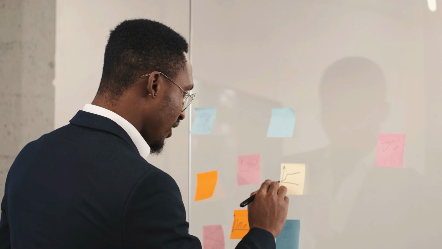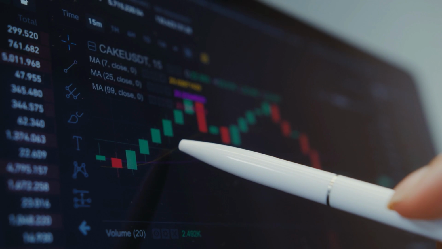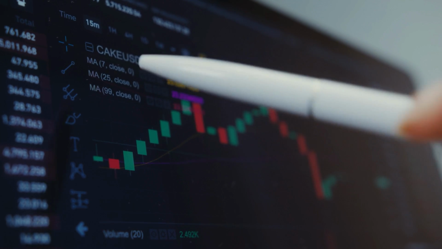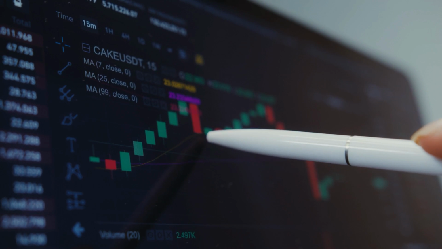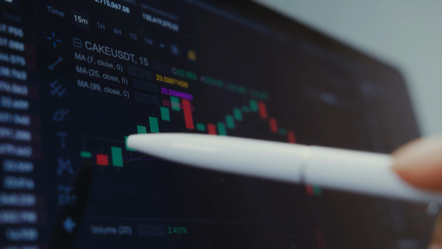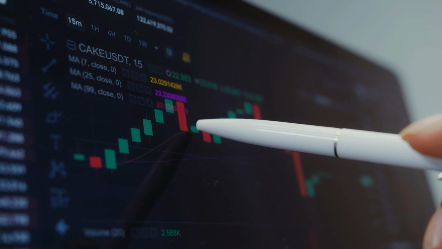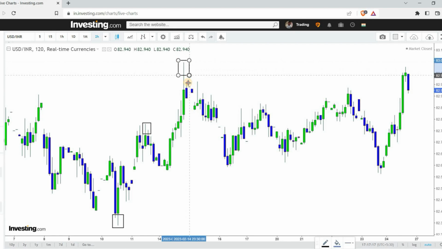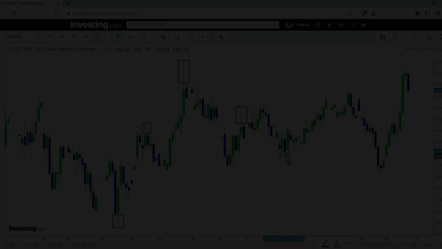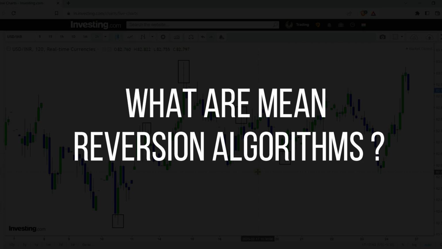But if you are a skilled price action trader, if you can read the price charts in a more skilled and sensible fashion, you can recognize this type of algorithmic behavior just by looking at the candles and the price movements. Coming back to the topic, these large wicks, which are often creating reversals in the price, are caused by a specific type of algorithm called the mean reversion algorithm. So what are these mean reversion algorithms?